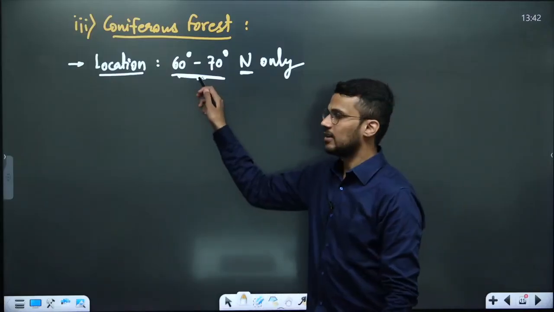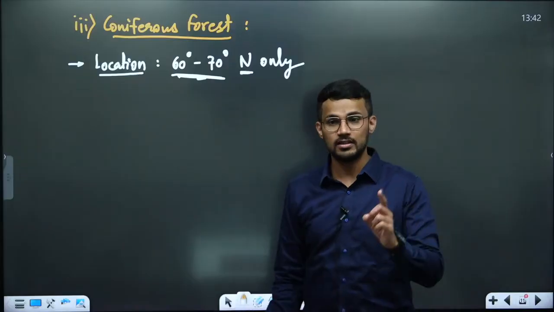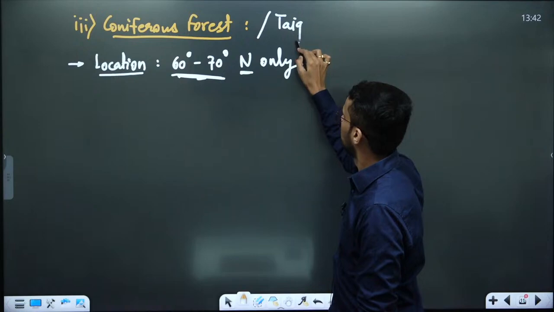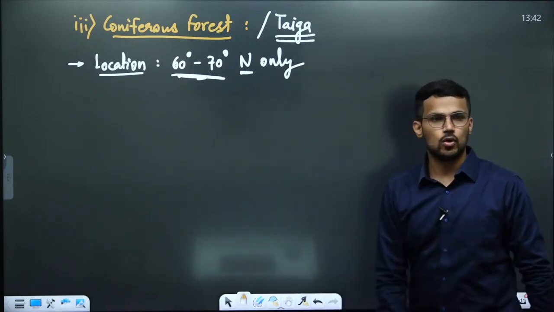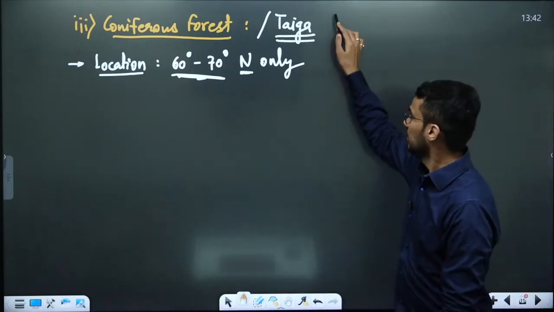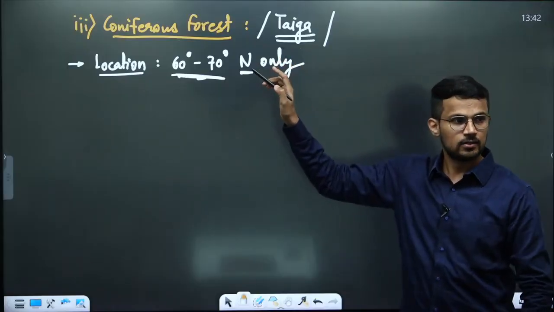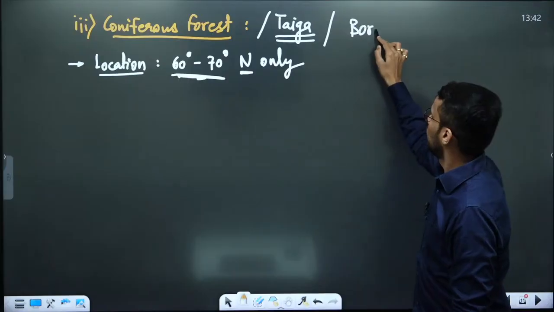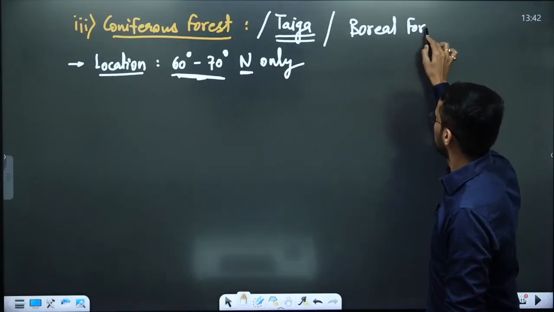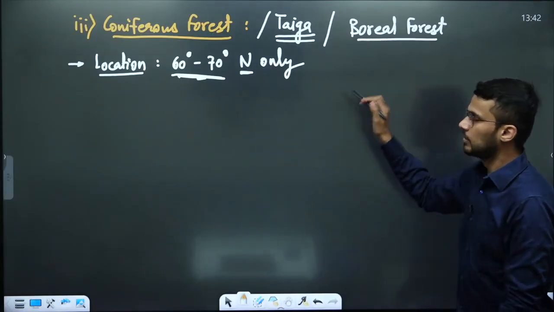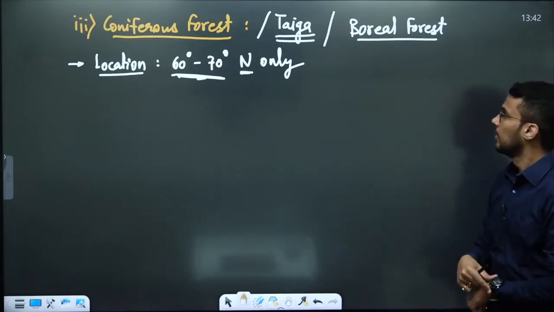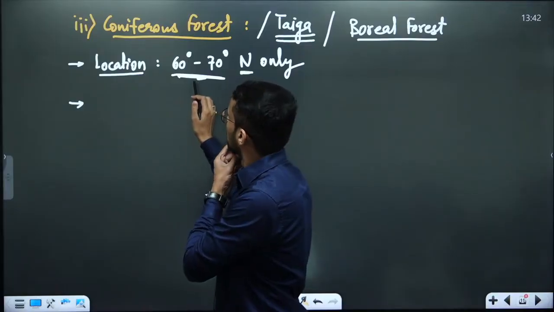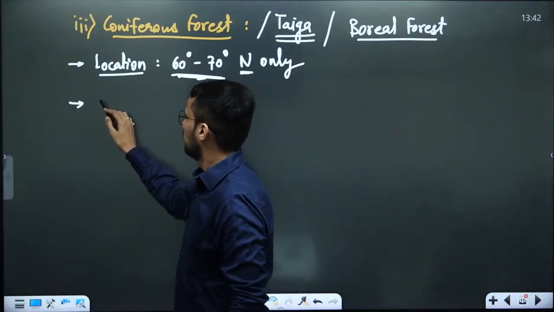And that's why we do not have this kind of forest in southern hemisphere. Okay? It is also known as taiga. It is also known as, और एक नाम है, can you please tell me? Boreal forest. It is also known as boreal forest. ठीक है? Next, so that is the location. Features.